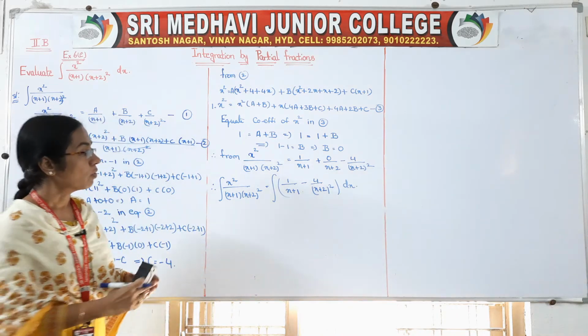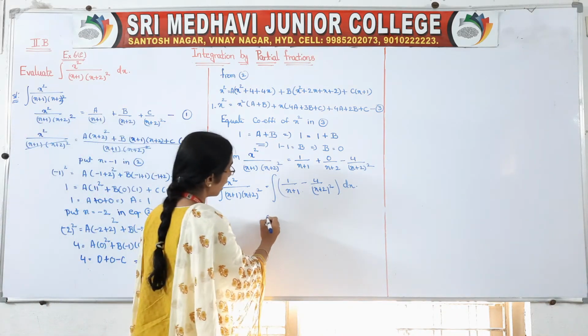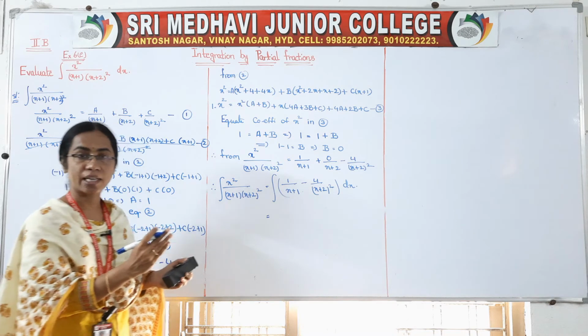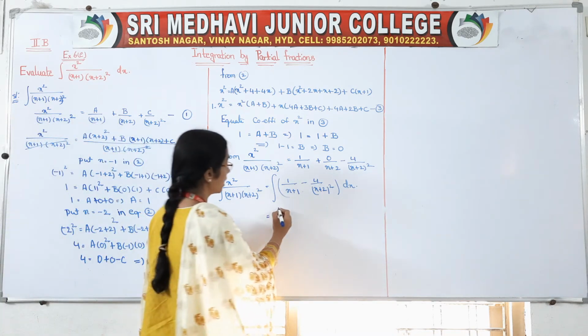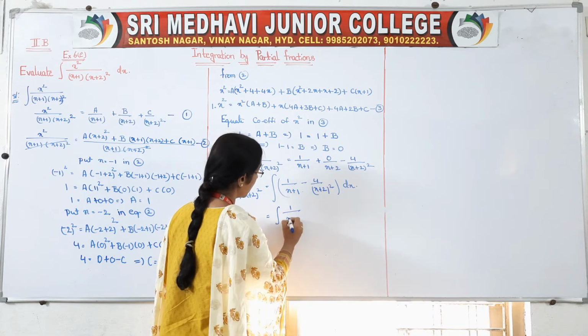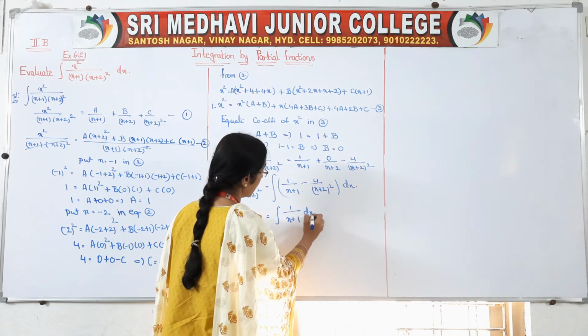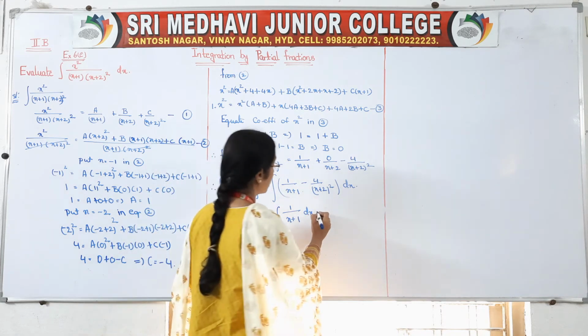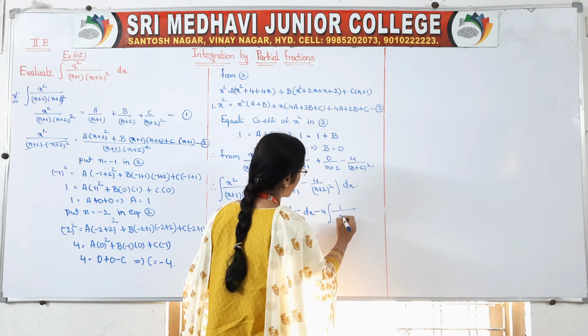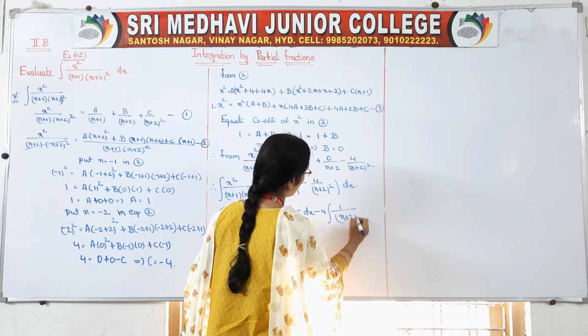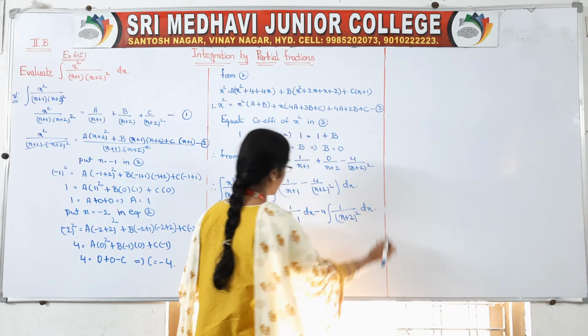Whenever we have plus and minus signs, we can take the integrals separately. So it is integral 1 by x plus 1 into dx. Next, minus 4 times integral 1 by x plus 2 whole square into dx.